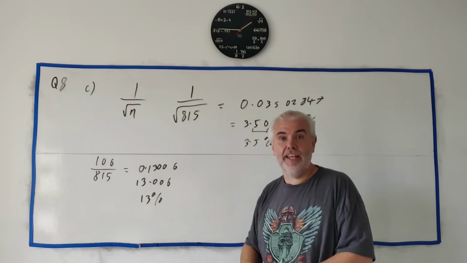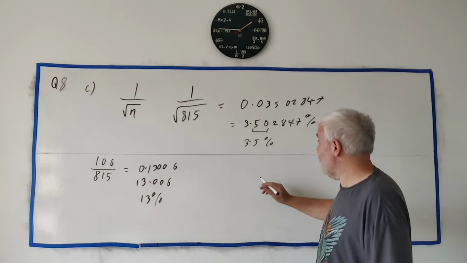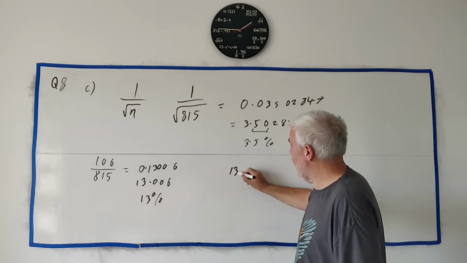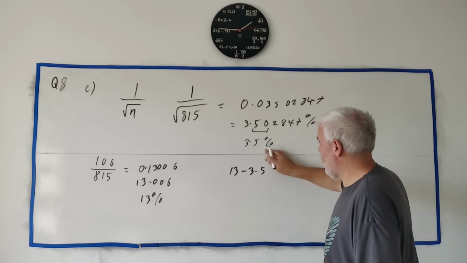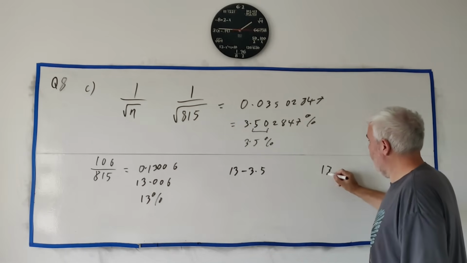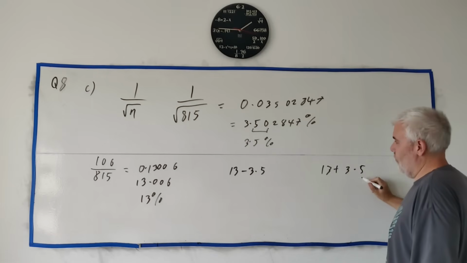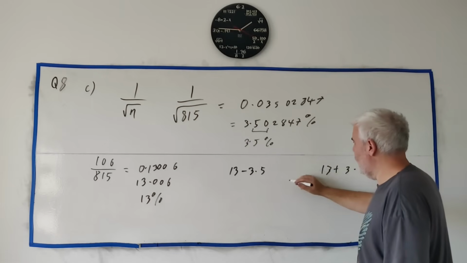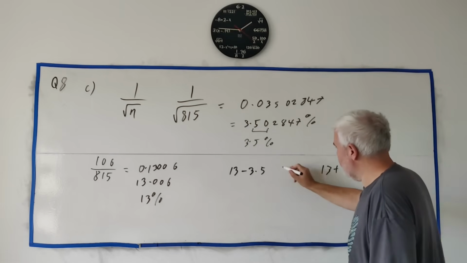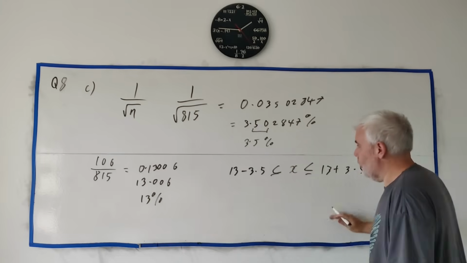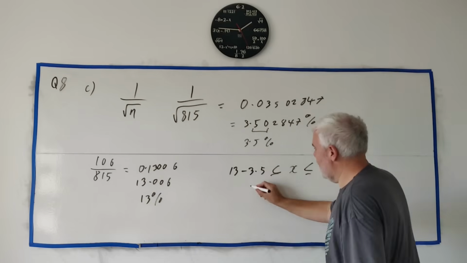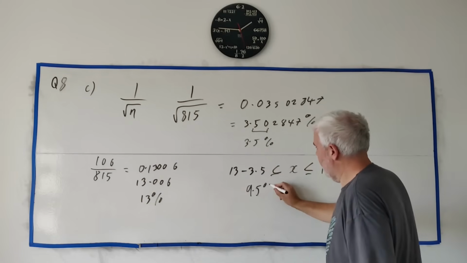This 13% we got here is actually better thought of as 13 minus 3.5 and 13 plus 3.5. The real number, we just call it x, is probably between these two. 13 minus this, that's 9.5%.